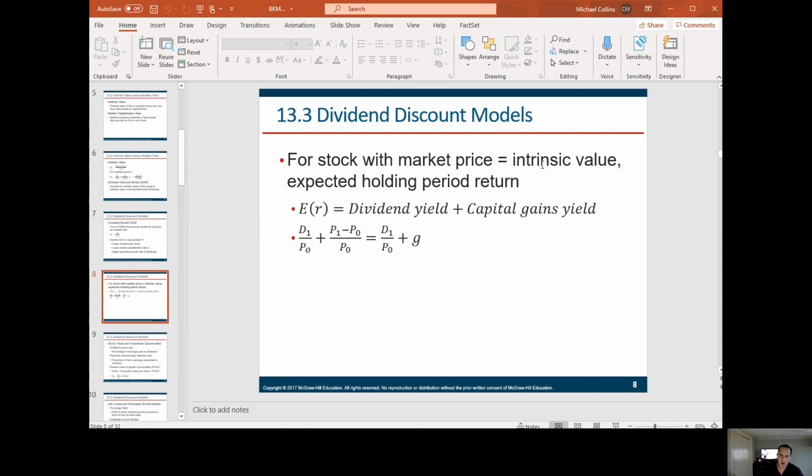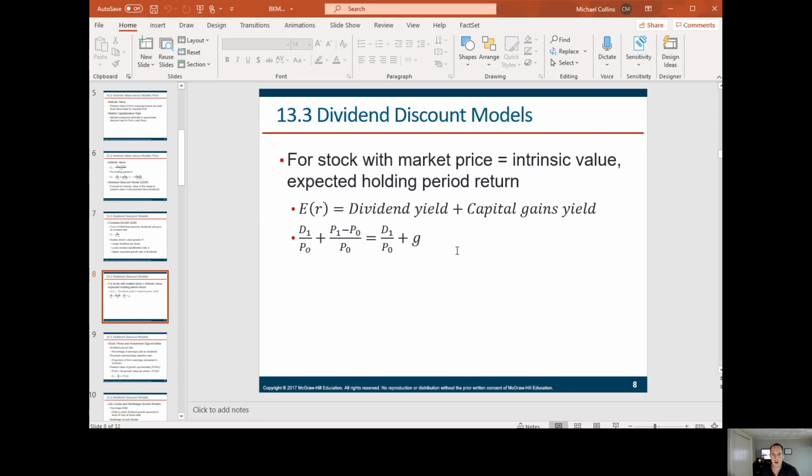For a stock with a market price, intrinsic value, and expected holding period, you can actually discount each individual cash flow. If you predict a cash flow for each year, let's say you expect them to be higher, then lower, then higher, you can discount each one of those cash flows for each period. So if you were discounting 1 year out, it would be 100 divided by 1.03 for discounting at 3% 1 year out.